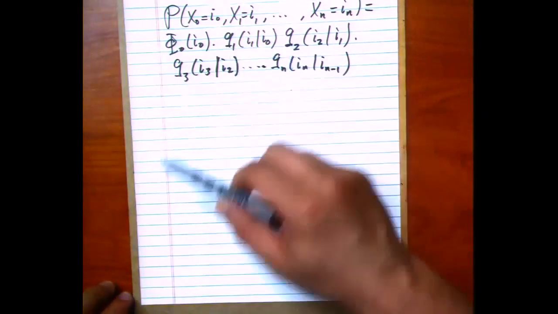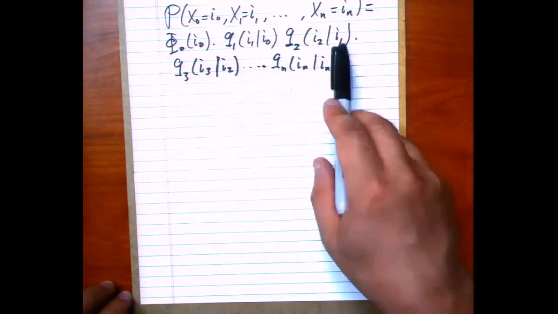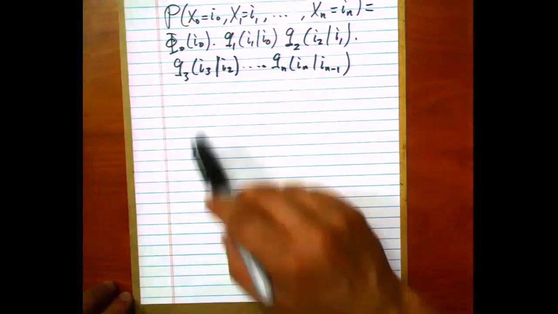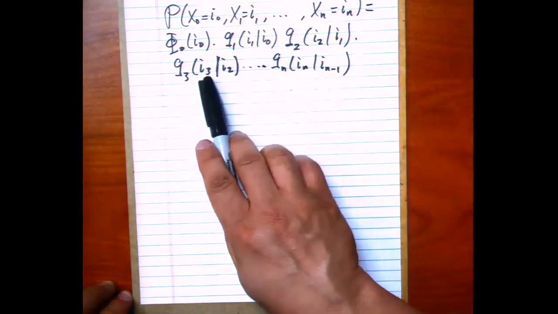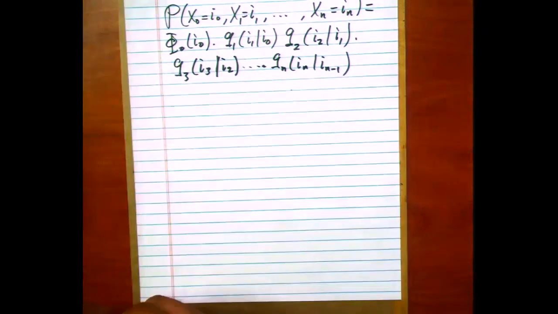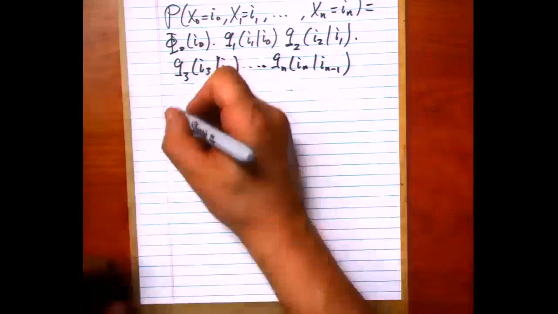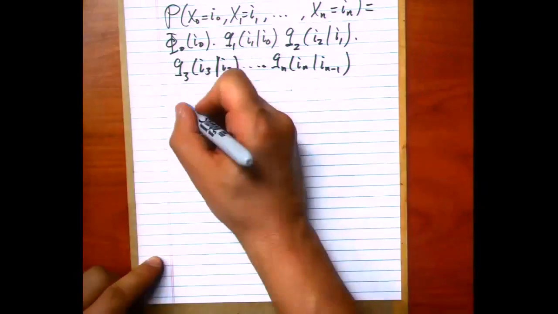This is Q1, Q2 is the transition at time 2 from I1 to I2. This one is the probability of transition from I2 to I3 made at time 3, and so on. So we go one step further to even one more simplified stochastic process and call it time homogeneous, which is the default in this course.